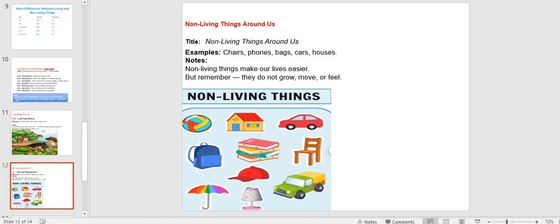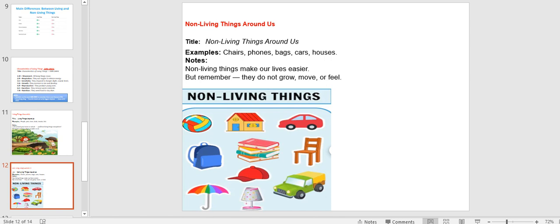Below is a picture showing non-living things. We have a ball, a house, a car, a bag, books, a chair, a cap, an umbrella, side lights, a car. All these are non-living things.